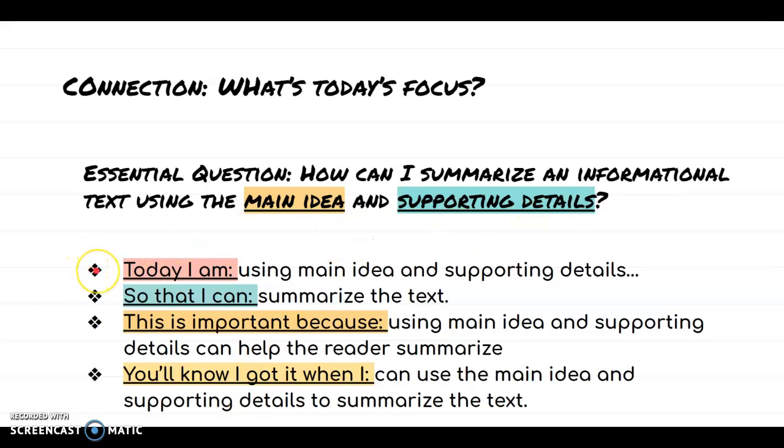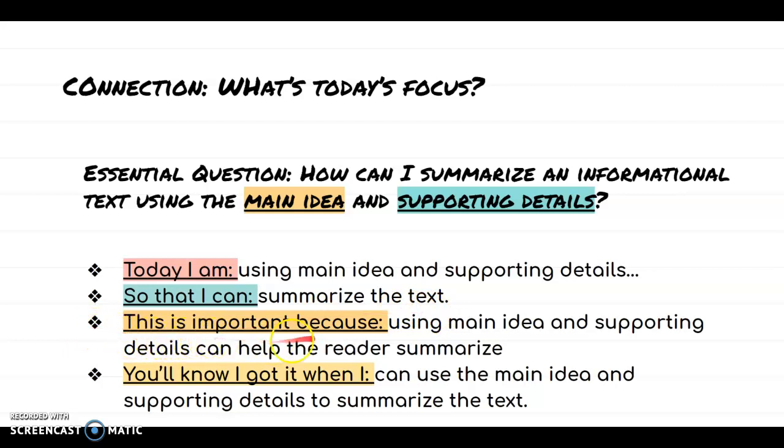So you can whisper in your head or repeat after me quietly. Today I am using main idea and supporting details so that I can summarize the text.